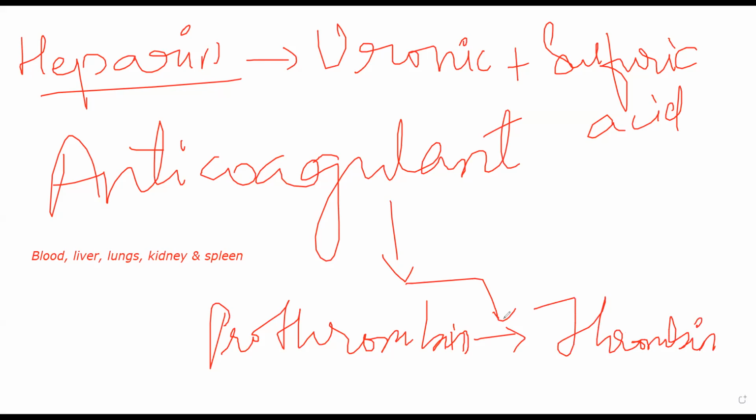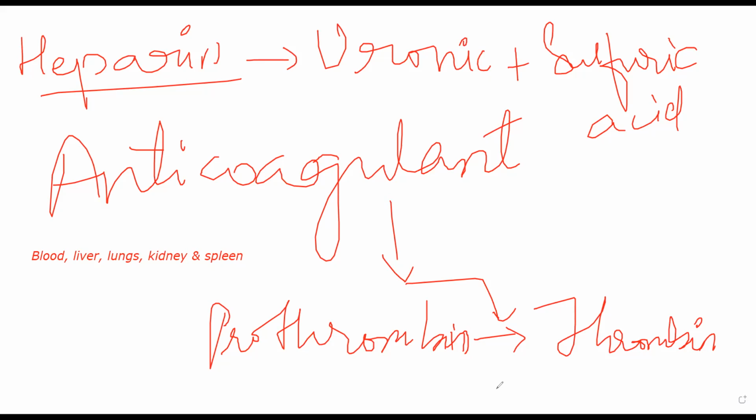It is very important to stop the process of clotting at one point. Let's suppose you have an injury, blood is being lost, hemorrhage is occurring, and your body is obviously trying to clot and stop that bleeding. So clotting is fine. Clotting proteins will come, your platelets will come, there will be a proper clotting cascade, the intrinsic and extrinsic pathways will come into the picture, and a plug is formed.